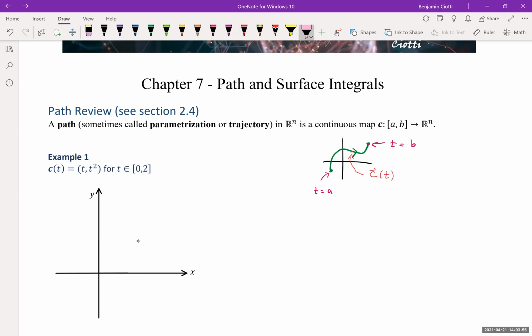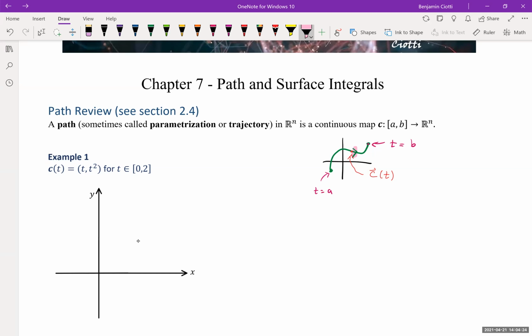Sometimes we like to write a little arrow to indicate the direction in which the trajectory is traveled. You will notice that a curve is a one-dimensional subset of 2-space or of 3-space. So we're going down a dimension in a sense in this topic.